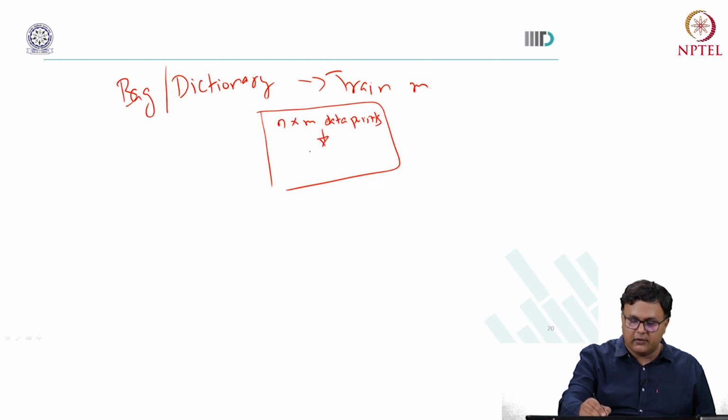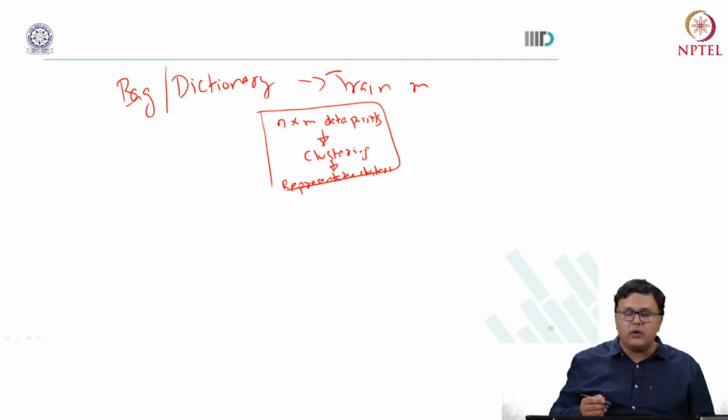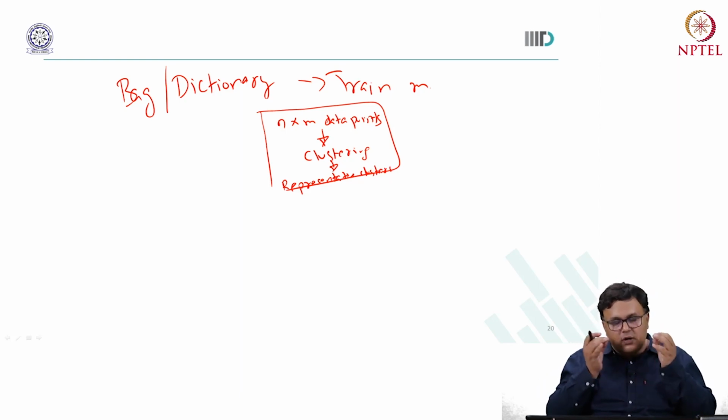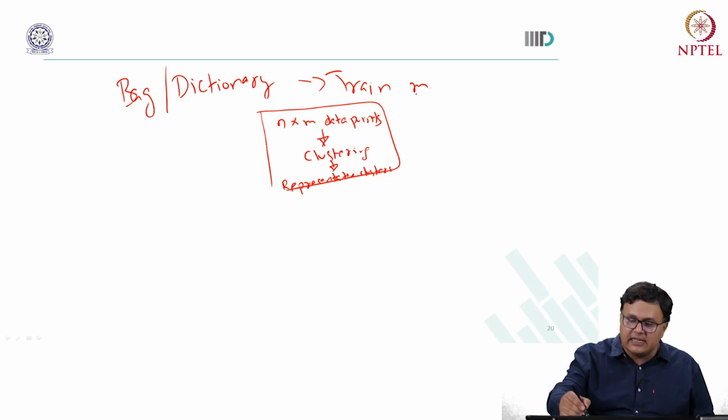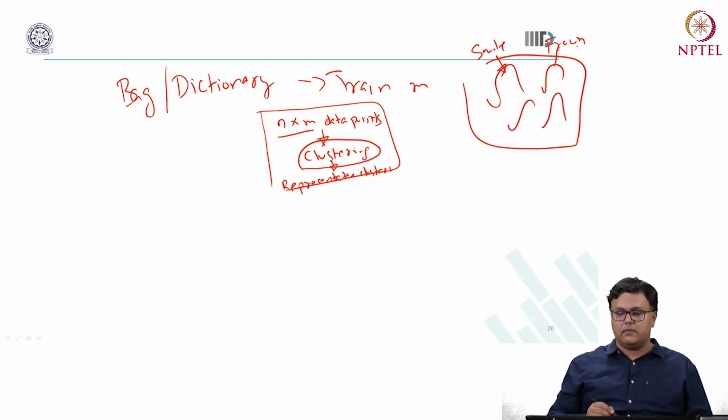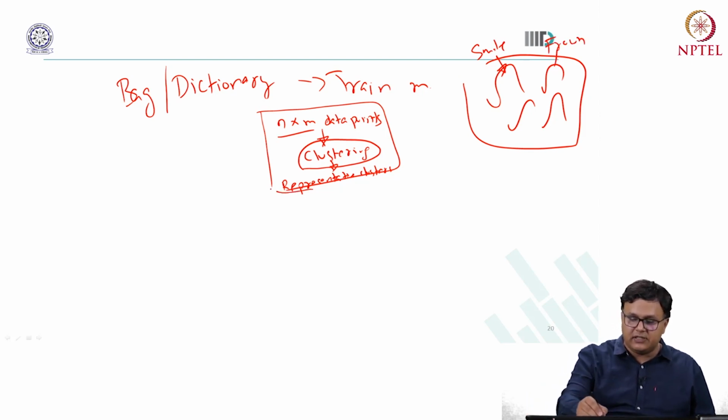I'll do clustering and get what is referred to as representative clusters. Now what that should mean, let's say in your faces, you have a set of smiling faces, sad faces, neutral faces. You extract these interest points, you do clustering. So you have your points, you created these clusters. Maybe cluster 1 corresponds to a smile, cluster 2 corresponds to a frown. So now you have these representative clusters.